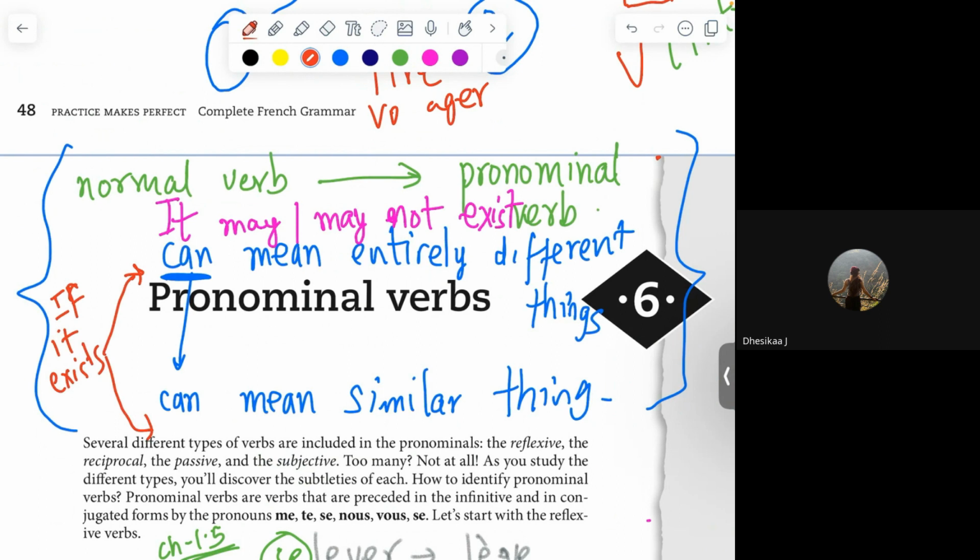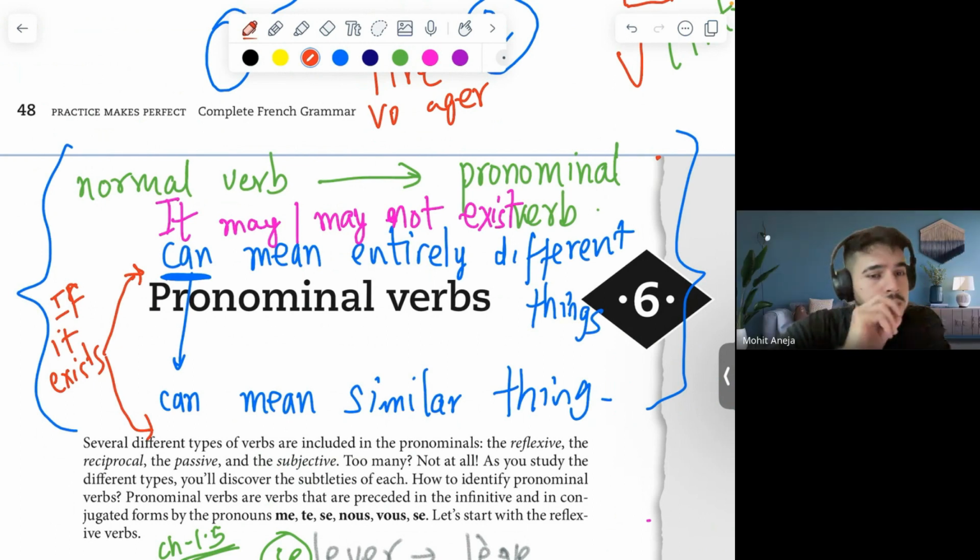So when we use a pronominal verb in the sentence, the meaning of the sentence can be changed. I'm not teaching you that right now. That's the second thing that I will teach you. The first thing I'm teaching you is it is possible that a normal verb may or may not exist as a pronominal verb at all.